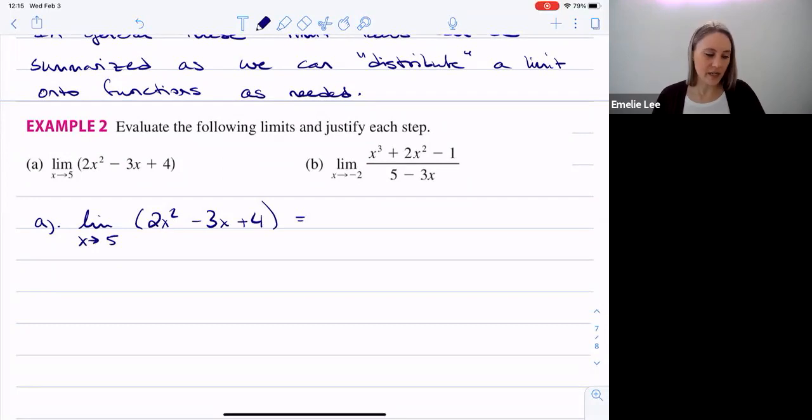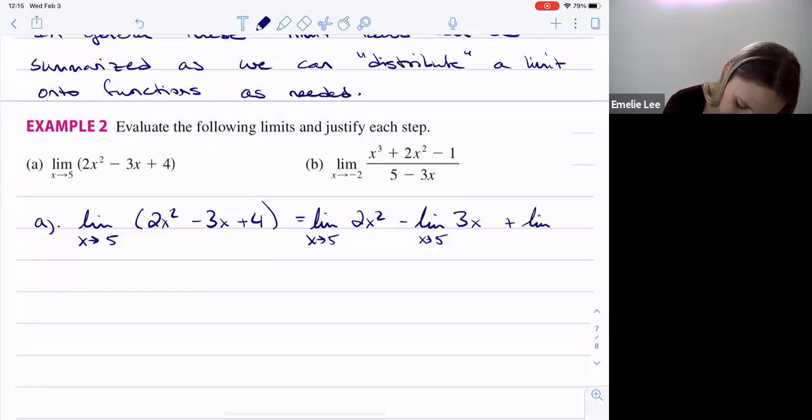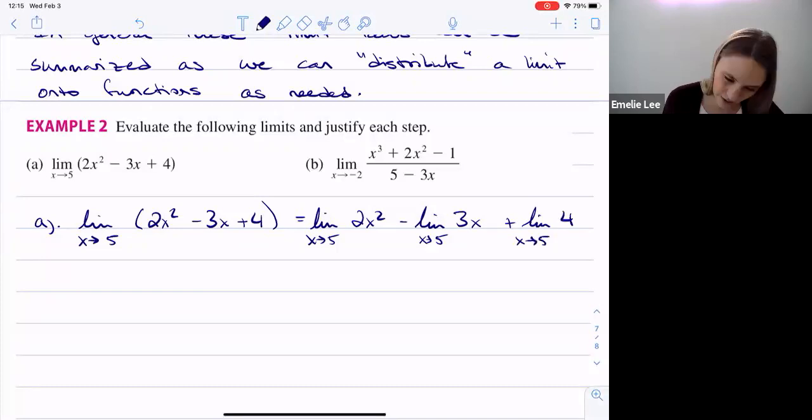Distributing that limit as x approaches 5 onto each of these terms, I have the limit as x approaches 5 of 2x squared minus the limit as x approaches 5 of 3x plus the limit as x approaches 5 of 4. Tedious to write, right? Writing that limit every time. But that's what's going on.